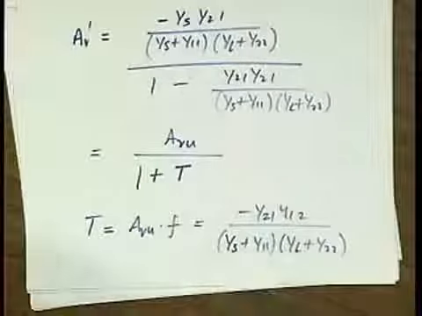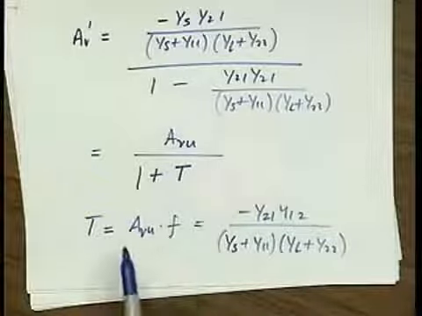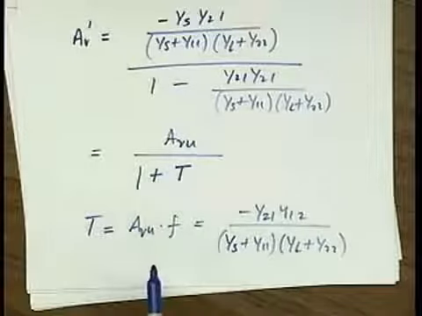I encourage you to take the first homework assignment, if you have some free time, apply this two-port analysis to it, and you'll see a very easy way to calculate the loop gain.